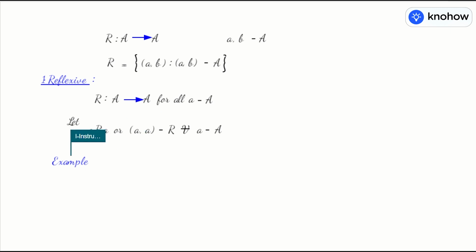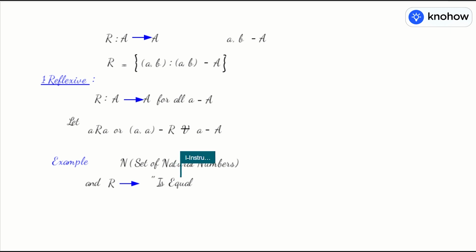For example, if I choose the set as the set of natural numbers and the relation is equal to, we want to check whether it is reflexive or not. So let a be any natural number.